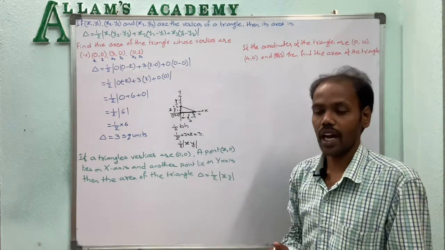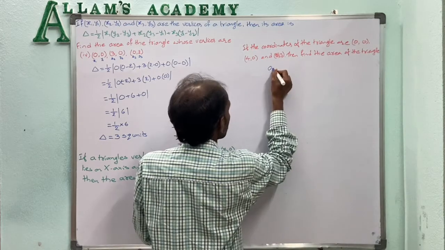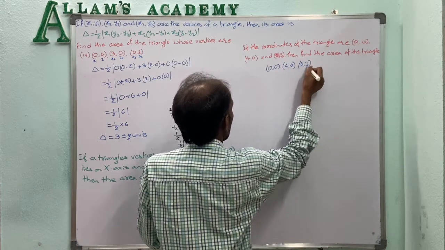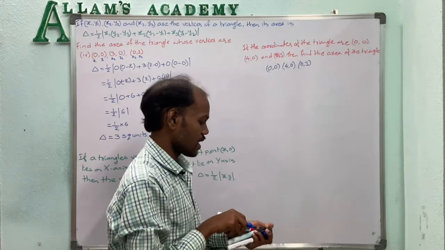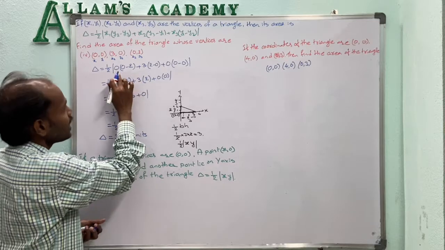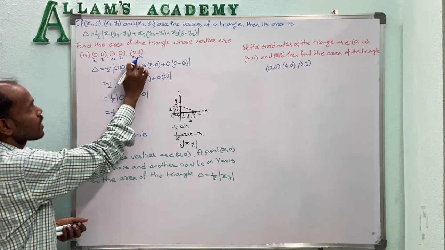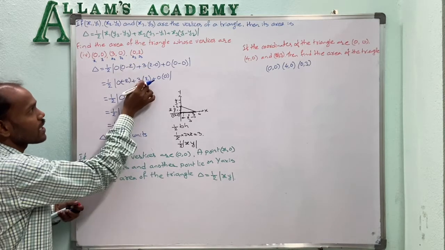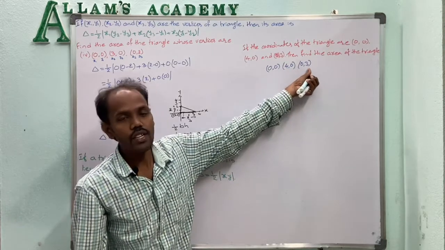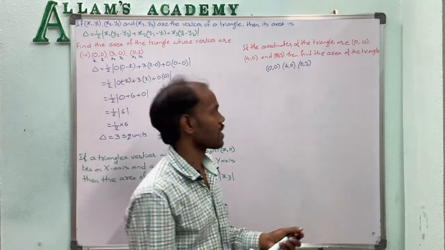Now here if we observe, the coordinates given are (0, 0), (4, 0) and (0, 3). So in the general principle, first one is (0, 0) given, second one is the same (4, 0), third one is (0, 3) given. That means at the second place we get a number, that is 4, and 3. So half into 4 into 3 is equal to half into 12 is equal to 6.